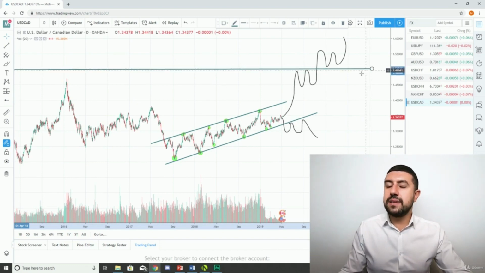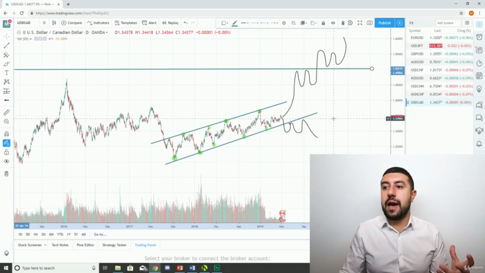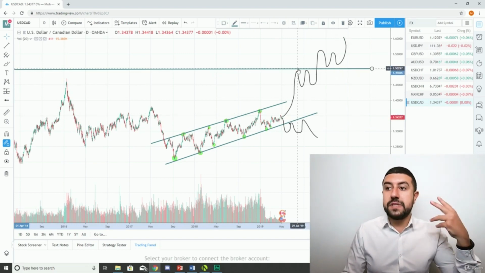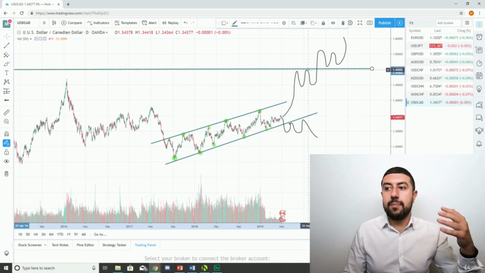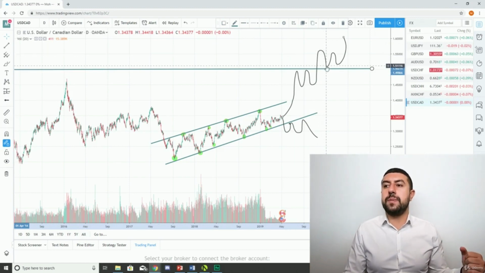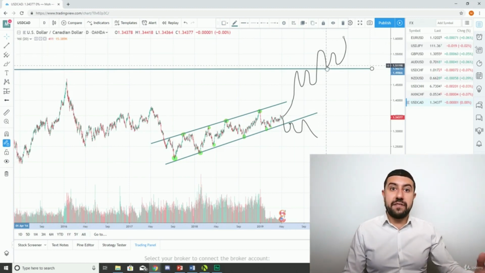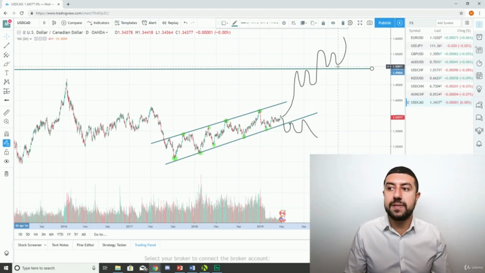Now, why is that? It might be because of a psychological effect. So people at one point were saying, oh, 150 is too high, it's too expensive, it's not going to break there, and they're just selling. But then once that breaks and it goes higher, when it comes back to 150, people are like, oh, it's back there, I can finally buy, it's not as expensive as before, and they start buying at that price.